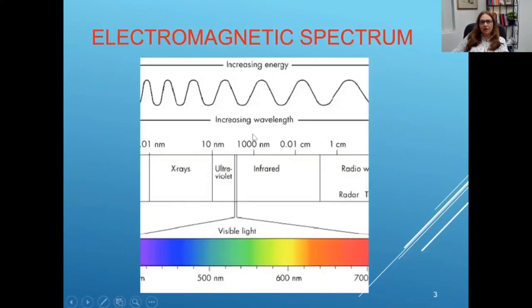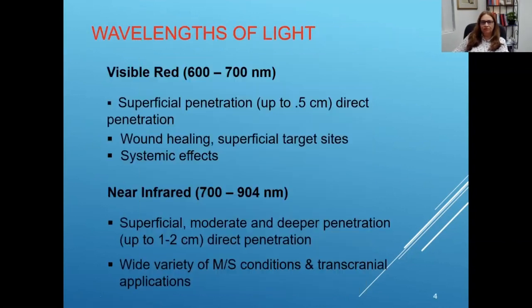So within the electromagnetic spectrum, we're talking about visible light, which is here, and we will focus on visible red, and in this domain here, near infrared energy. Visible red is within the spectrum of 600 to 700 nanometers. And we used to believe that it was really best applied for superficial application because it penetrated about a half a centimeter with direct penetration.